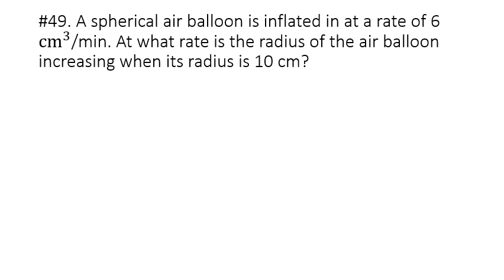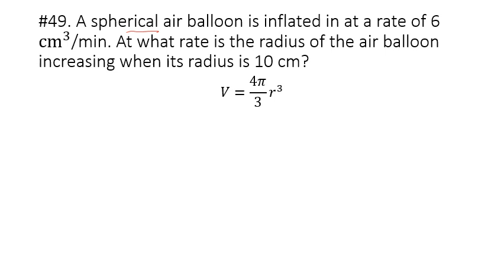Practice number 49. A spherical air balloon is inflated at the rate of 6 cubic centimeters per minute. At what rate is the radius of the air balloon increasing when its radius is 10 centimeters? So this is a spherical balloon, so the volume formula is 4 pi over 3 r cubed.